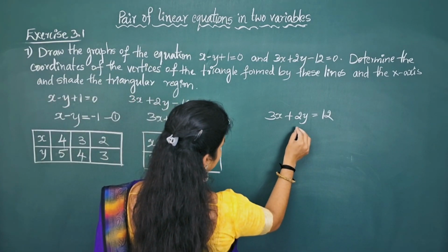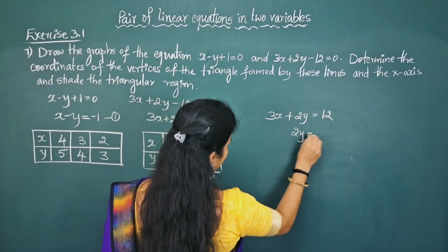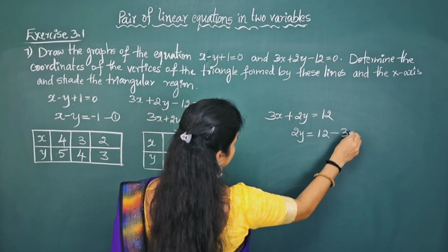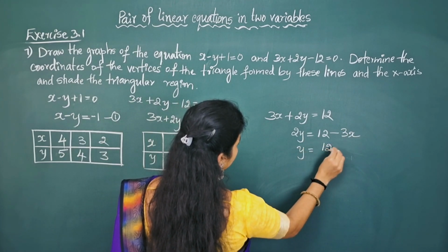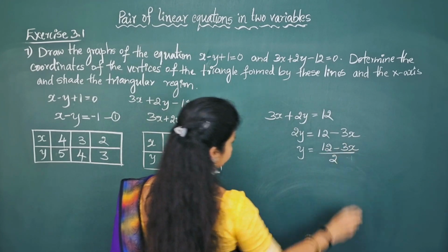So 2y is equal to 12 minus 3x. Now if you need the value of y, you should write 12 minus 3x divided by 2.